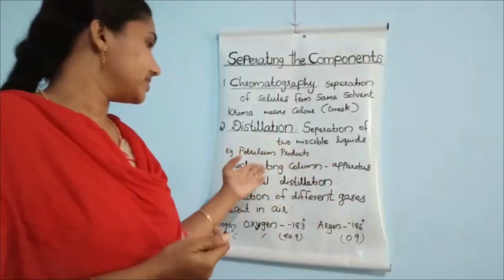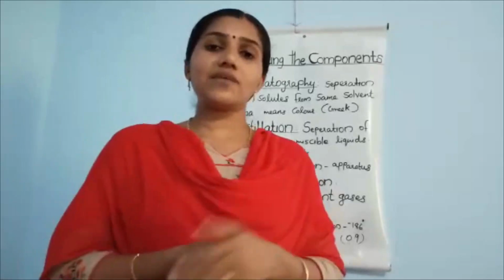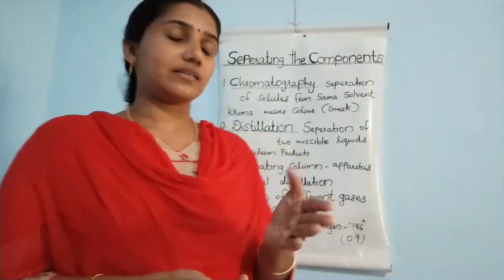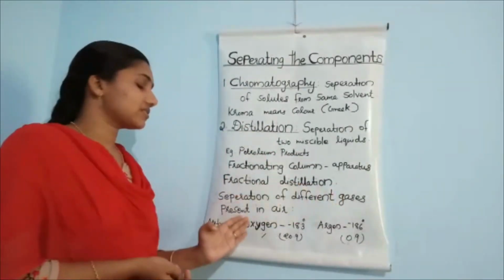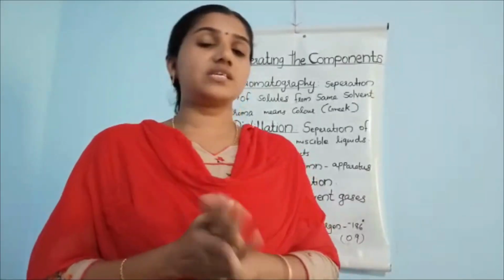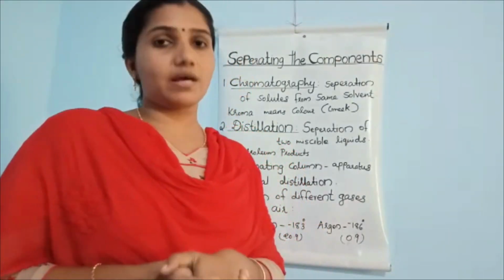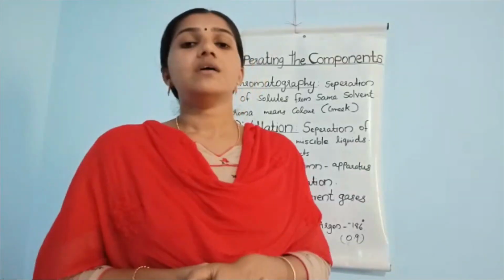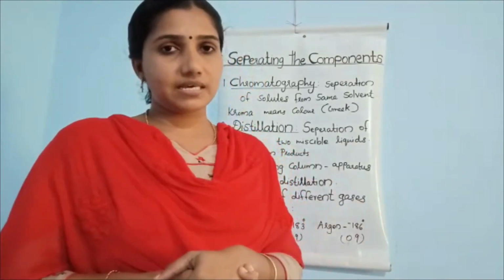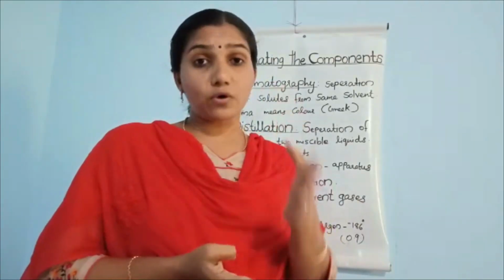Okay, so all these cases happen here. Because of fractional distillation, in our daily life we have many applications. Another one is separation of the different gases present in air. To separate the gases in air, for example oxygen, we can use that type of fractionating column. In the textbook one picture is there, I will show you that. And one more thing: the petroleum products. In petroleum products, when we first get them, they are in an impure form only.